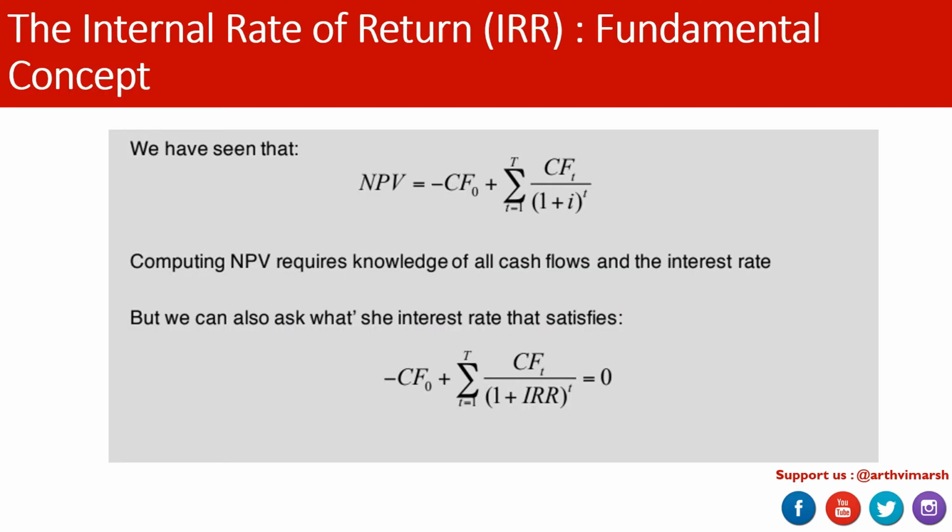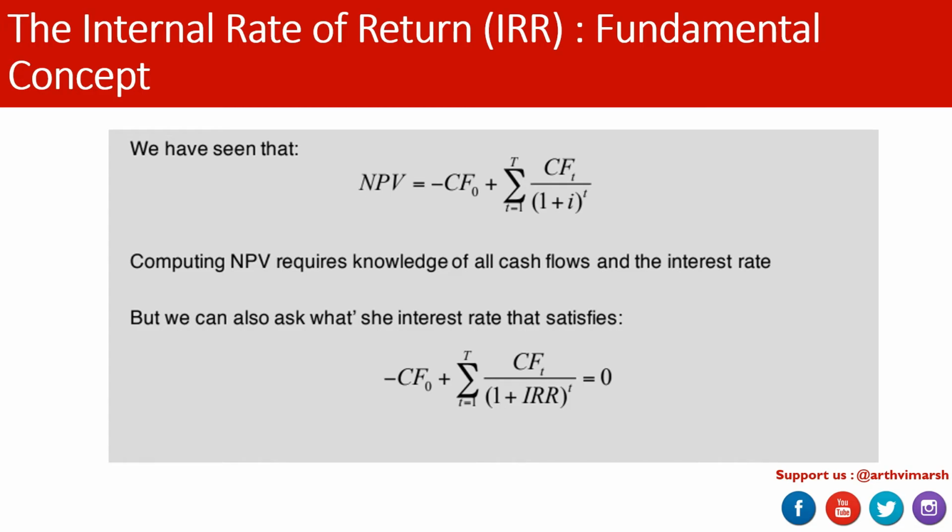Another very fundamental concept to finance is the concept of internal rate of return. So far we have already seen how to go about calculating the NPV. We have already discussed that NPV can be calculated by simply bringing the stream of future cash flows into the present by using a discounting factor, that is 1 plus i.